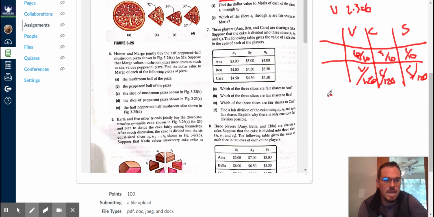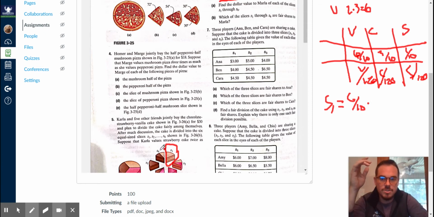So take S1 down here, for example. That is straight up nothing but vanilla. A color-coded whatever. That's nothing but vanilla, right? So that's going to be 6/10 times, all right, look, these are going to be halves.